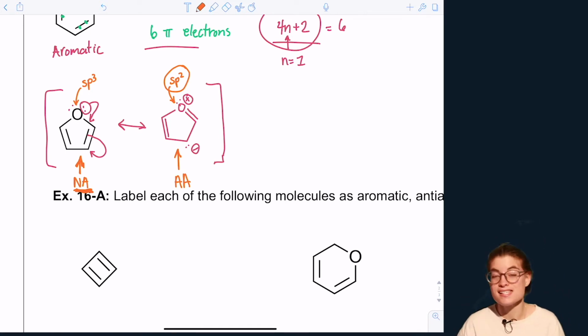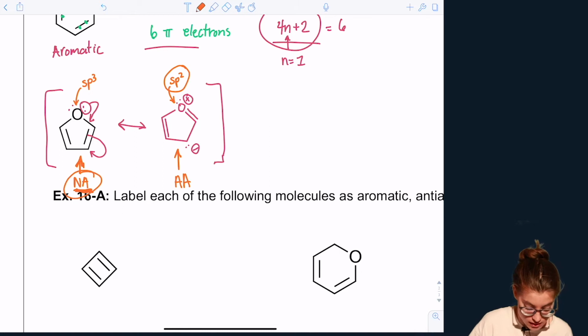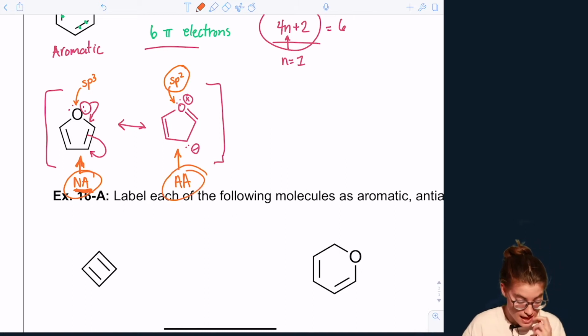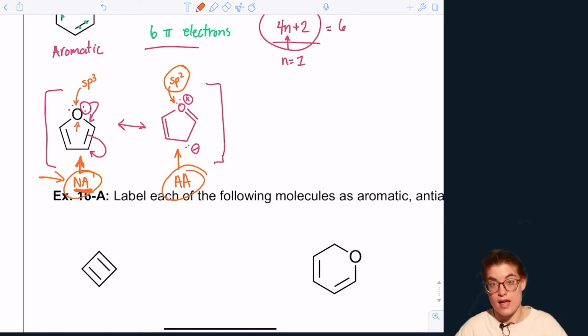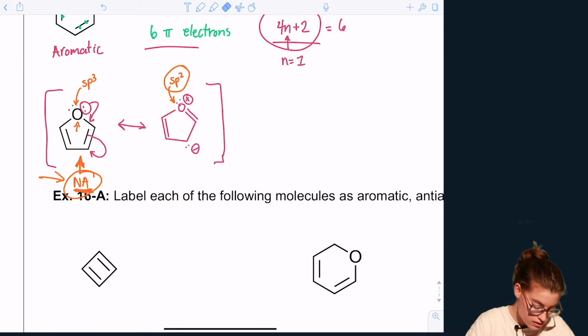Okay, if that's the case, then what is better for the molecule as a whole in terms of stability? What's more stable, for the molecule to be non-aromatic or anti-aromatic? Well, it would be more stable for the molecule to be non-aromatic, so the oxygen will stay sp3 hybridized. Okay, so let's look at this one in particular.